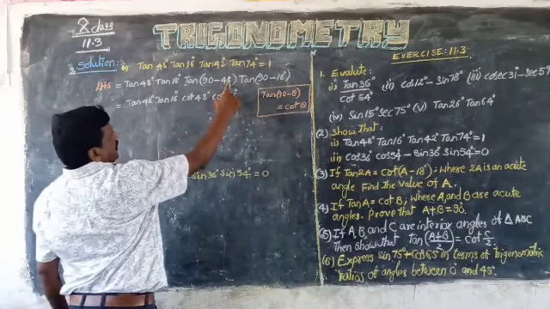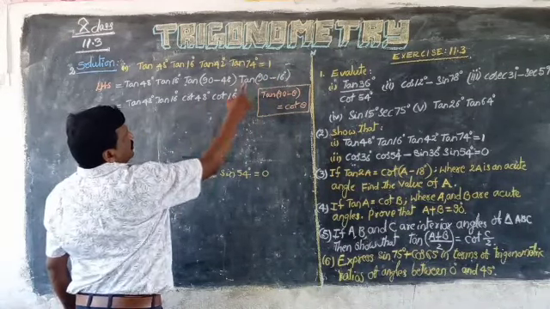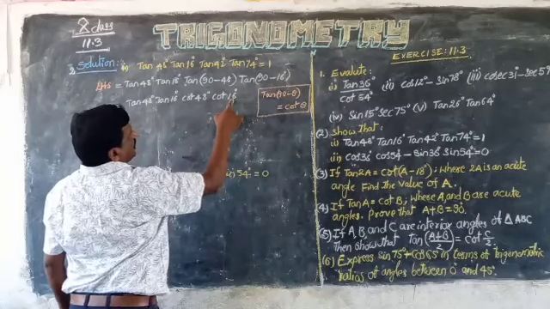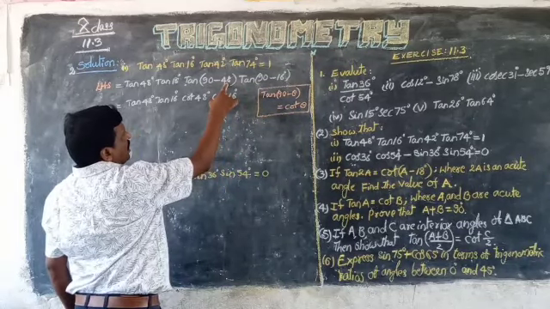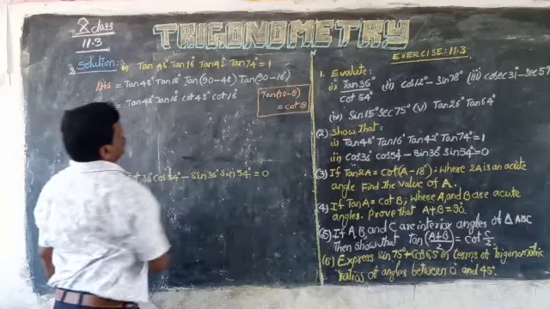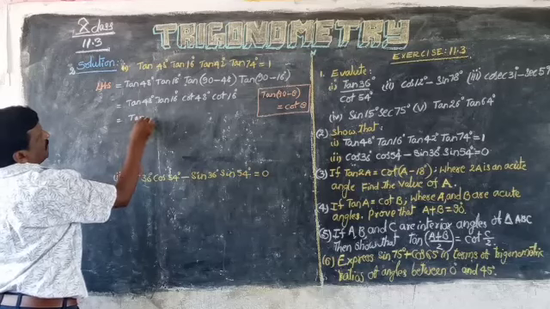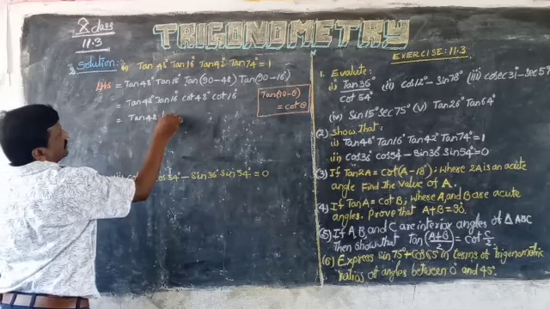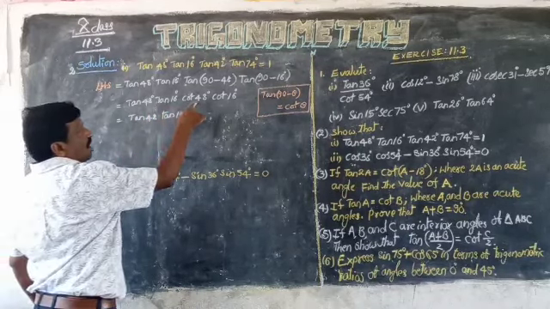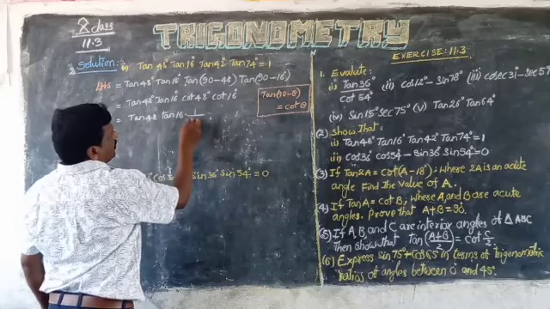Tan(90 minus theta) is cot theta. Theta here is 48, and theta here is 16. So tan 48, tan 16, and cot 48 is 1 by tan 48.